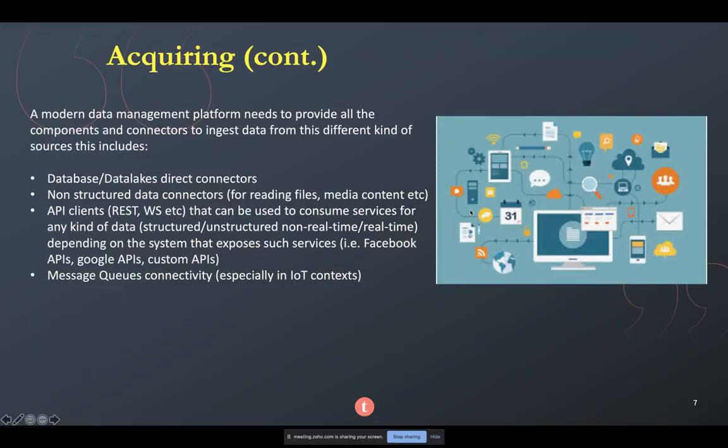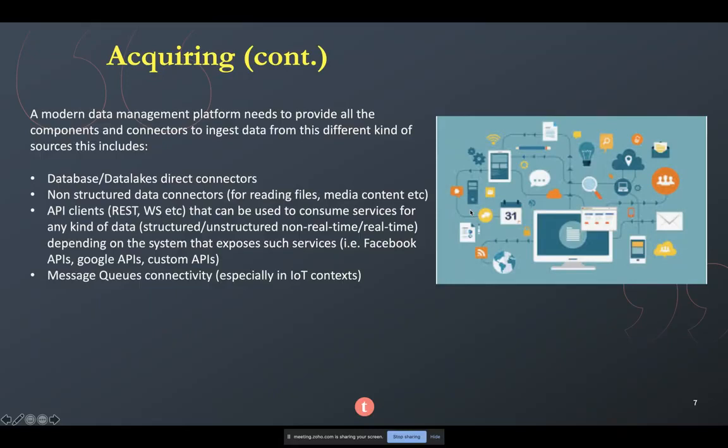What was realized is that the best form of integrating different sources is exposing services. And this is why a very big part of the acquisition of data is the API clients. That can be for REST APIs, as I was saying, web services.